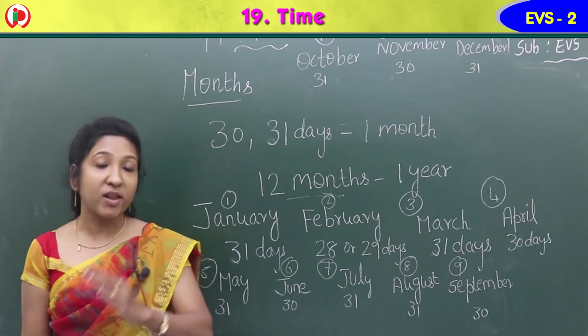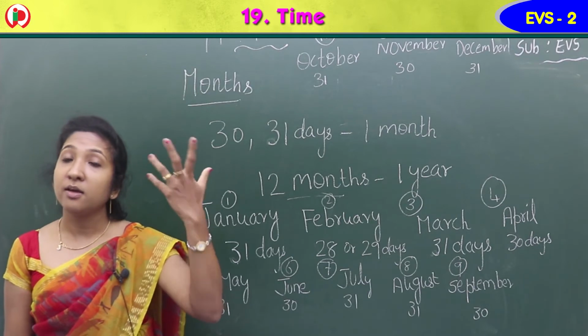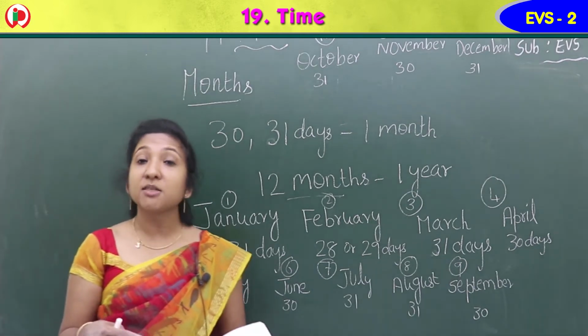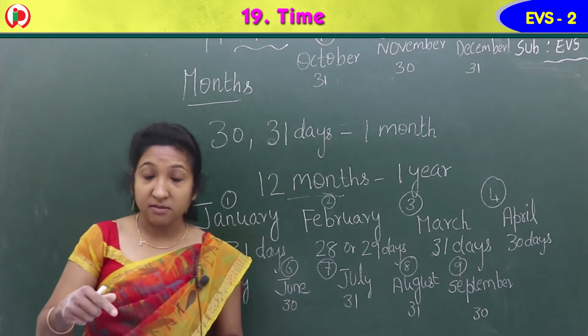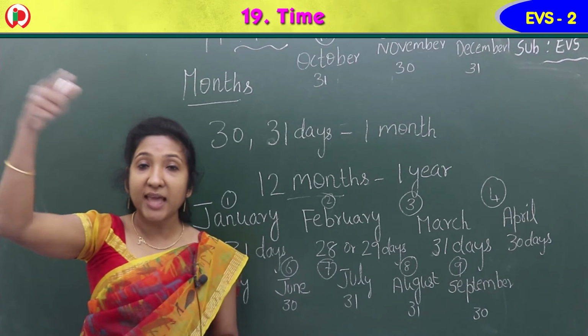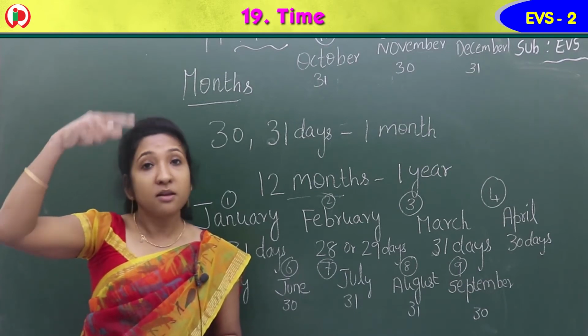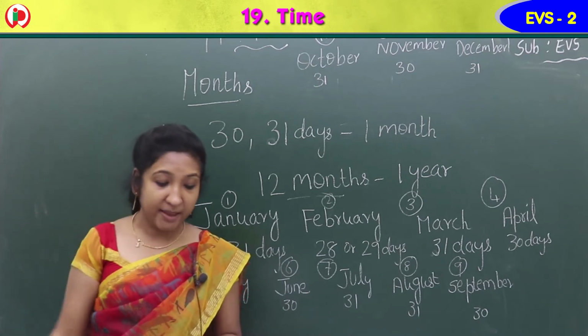Then 12 noon to next midnight is PM. Isn't it? Night to noon it is AM. Then from noon to night again it is PM.